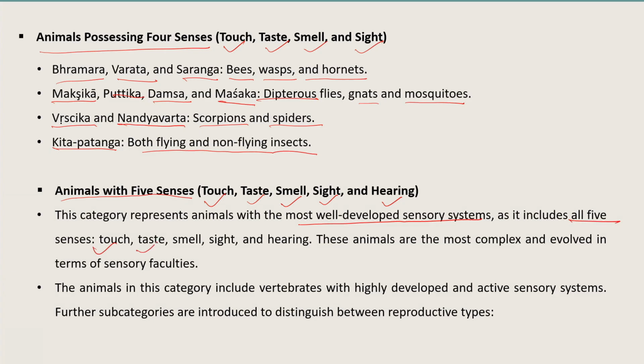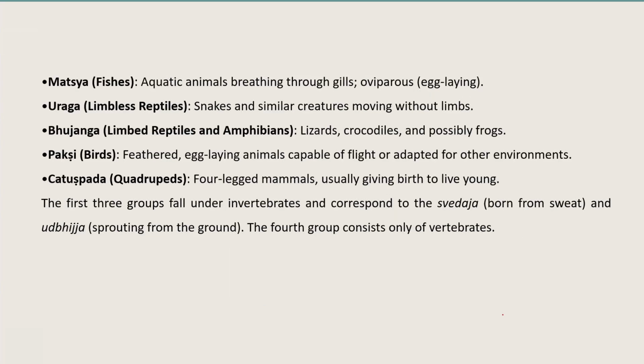These animals are the most complex and evolved in terms of sensory faculties. The animals in this category include vertebrates with highly developed and active sensory systems. Further subcategories are introduced to distinguish between reproductive systems or types.